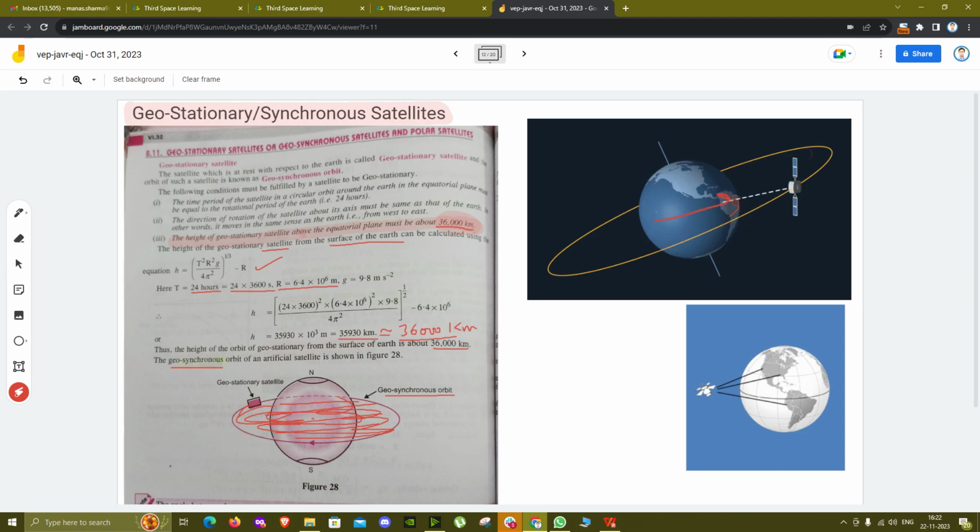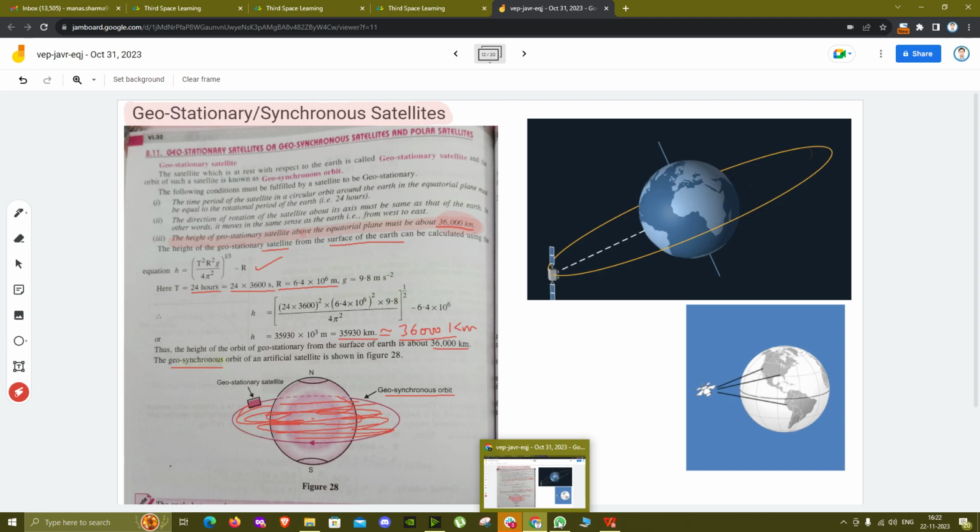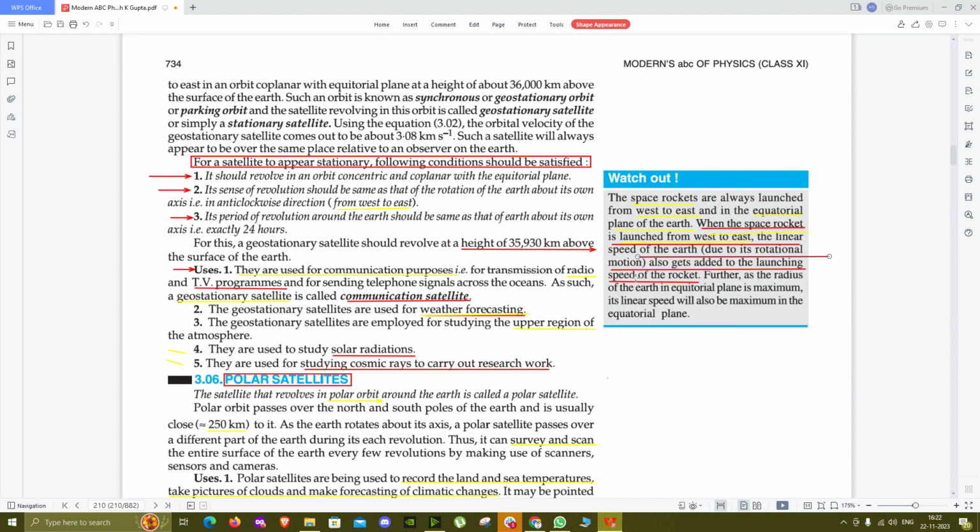The momentum will get added to the satellite as well, so that it will be a little easier for the satellite to be launched in the sky. So rockets are launched like this, from west to east. And in the equatorial plane, we know that the radius of Earth is maximum at that point, so the linear speed will also be maximum there. So the speed of the rocket will be maximum if you launch it in the equatorial plane only.